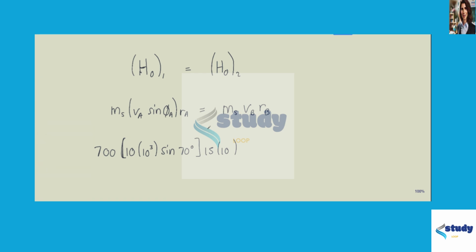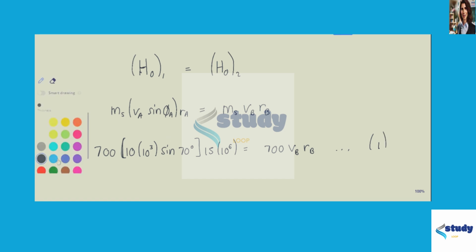That's the initial angular momentum of the satellite about the center of the Earth. The final angular momentum is the mass of the satellite, 700, times Vb times Rb. So we have an equation here with two unknowns. We'll label this equation 1.